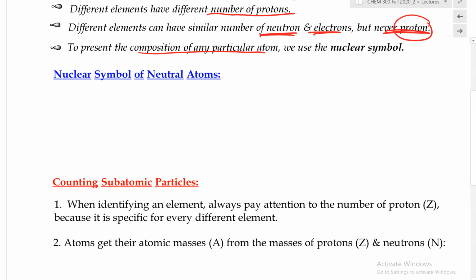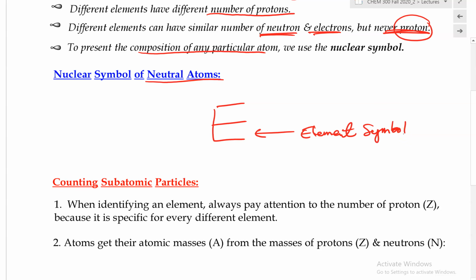So now let's go over how we write the nuclear symbol of a neutral atom. So we have a neutral atom, how do we do it? The nuclear symbol consists of the following. First, it consists of one or two letters that represent the symbol of the element. So this E right here is the element symbol.